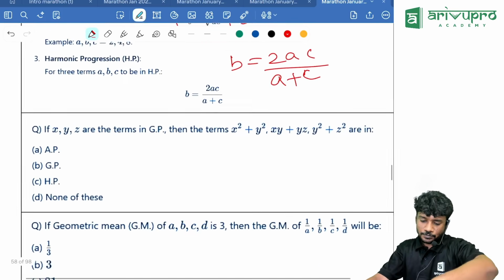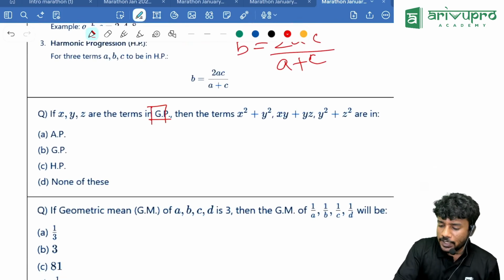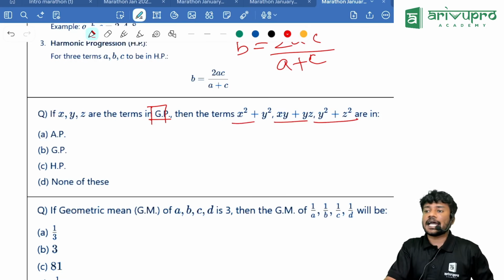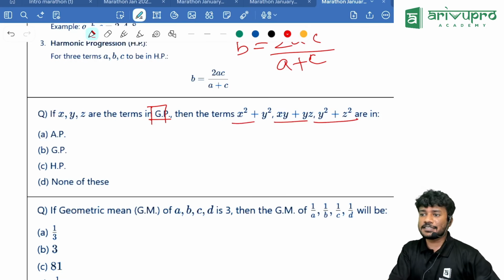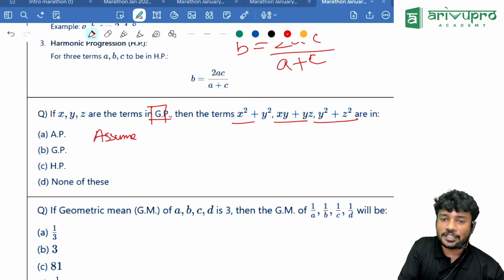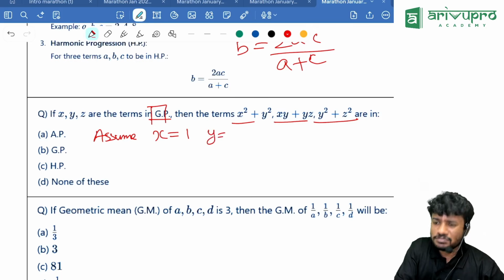Now, if X, Y, Z are in GP, the terms X square plus Y square, XY plus YZ, Y square plus Z square are in dash. What is the easiest method? Assume. I told you in the beginning, I started with that. Assume X is equal to 1, Y is equal to 2.